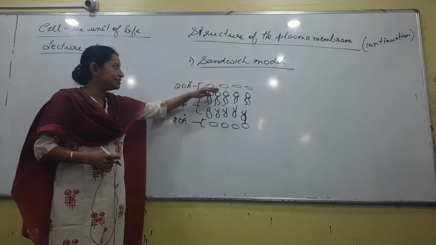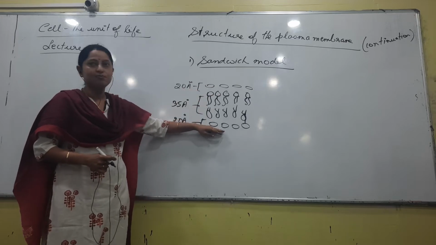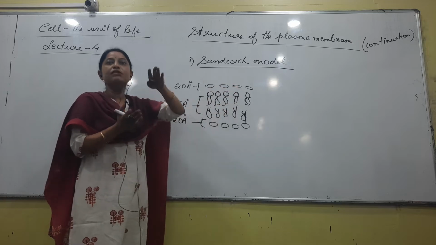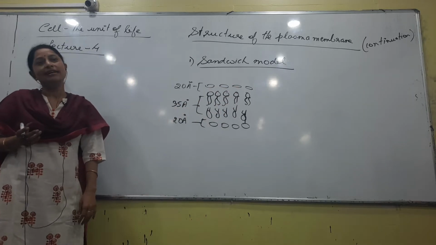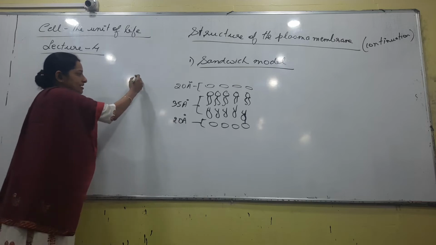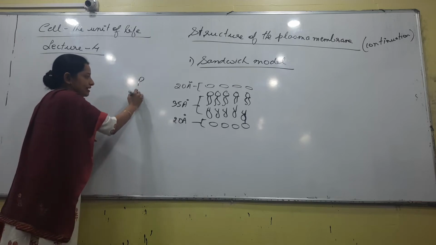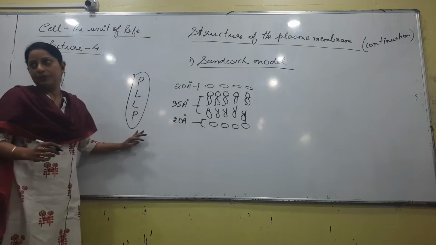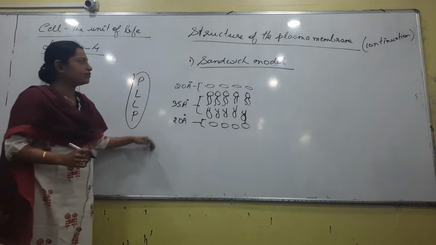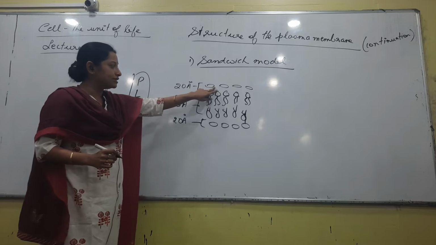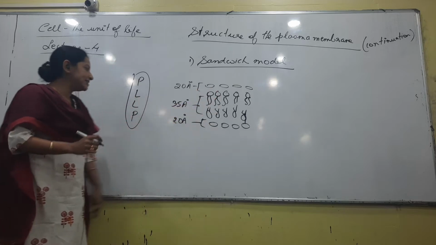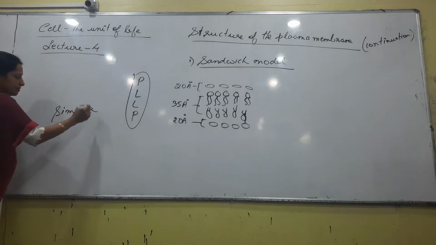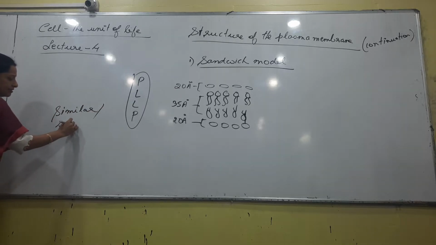In this diagram, we can see a layer of protein here and a layer of protein here. Since the phospholipid is embedded between 2 protein layers, it is called a sandwich, no? The structure is protein, lipid, protein. Another point that you have to remember is that these two proteins are similar or symmetrical proteins.